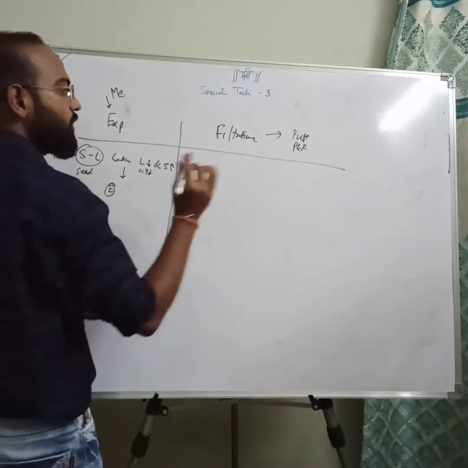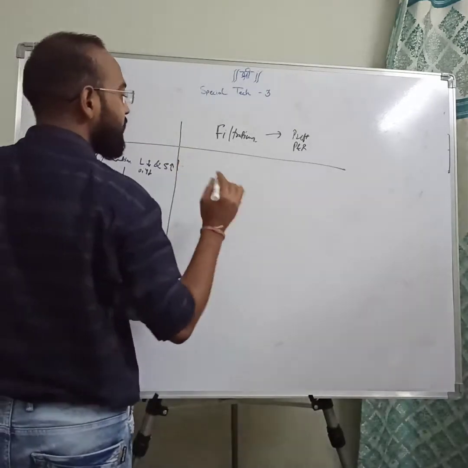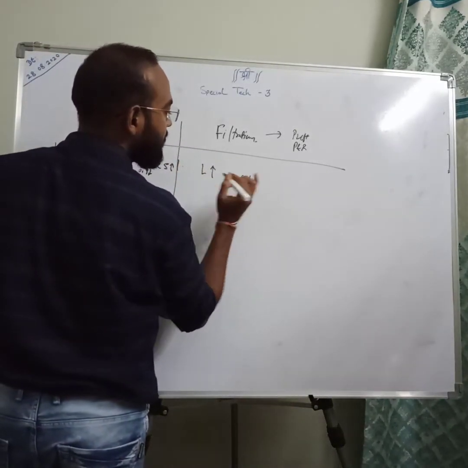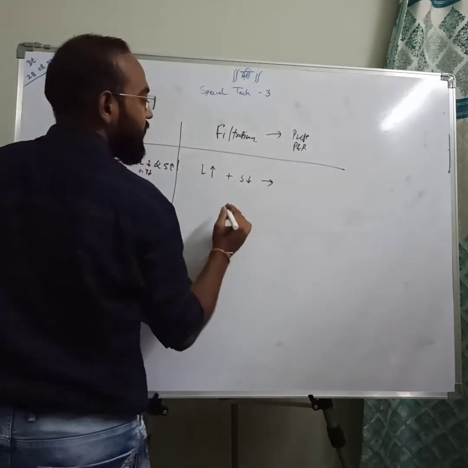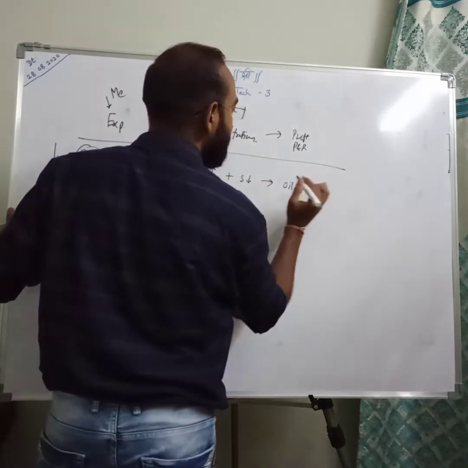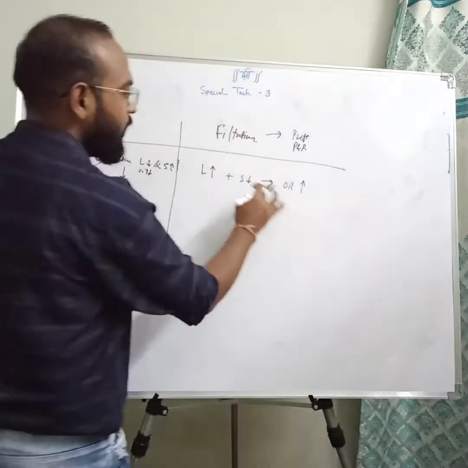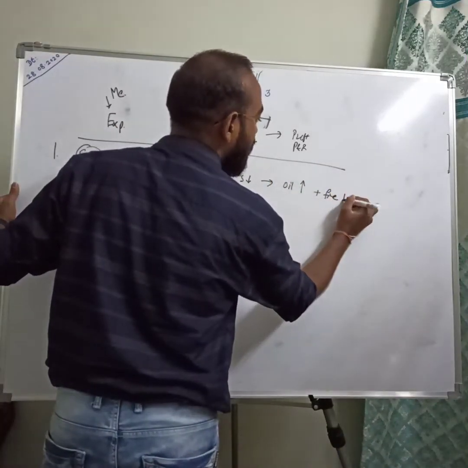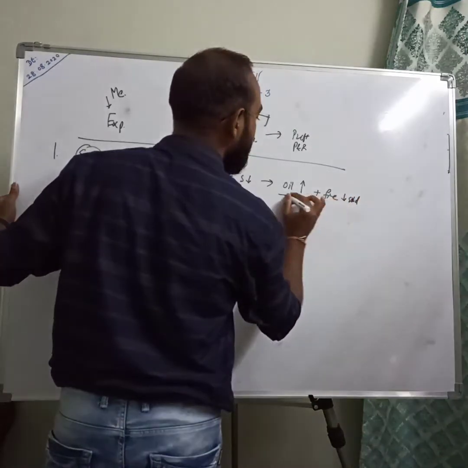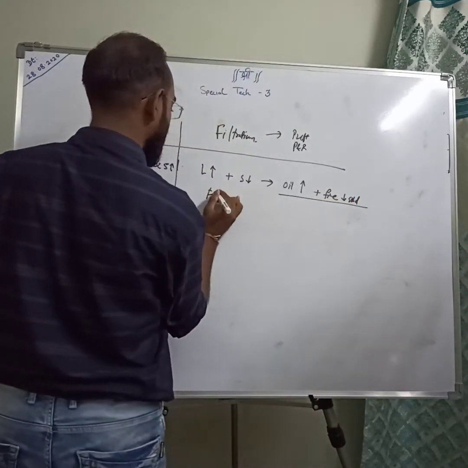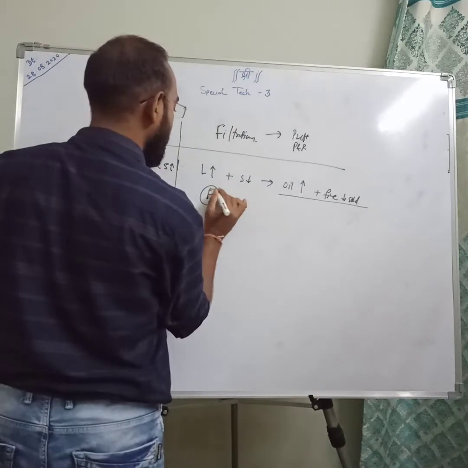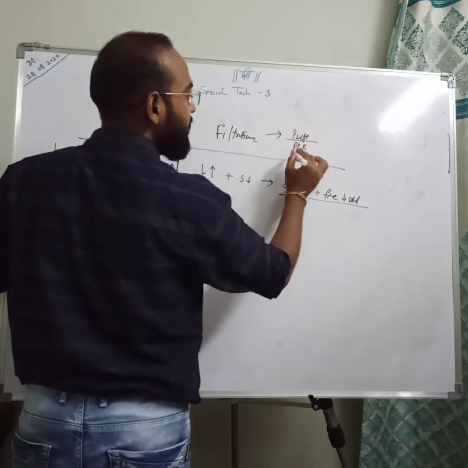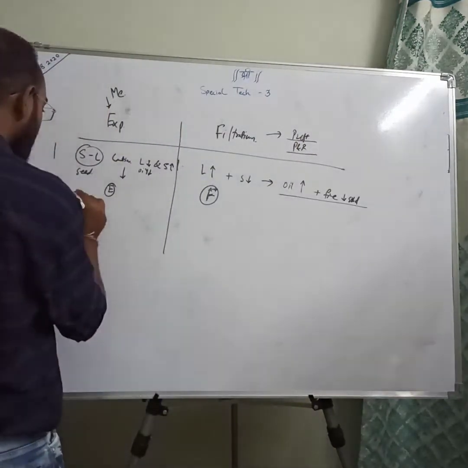Similarly, in filtration, when liquid content is more and solid content is less, that is, after expression oil is more and very fine solid impurities are there, then we go for filtration with pressure leaf or plate and frame.